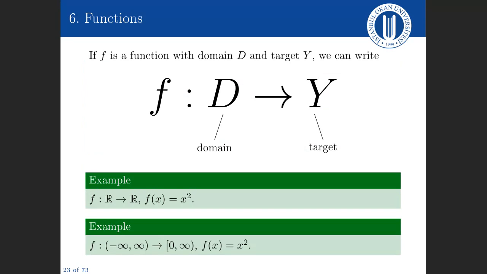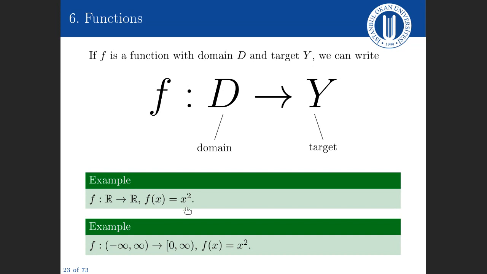We can write a function like this. If we have a function which maps from domain D to target Y, we can write f colon D arrow Y. So for example, I might be interested in the function f, which maps from the real numbers to the real numbers, and which has the formula f of x is equal to x squared.